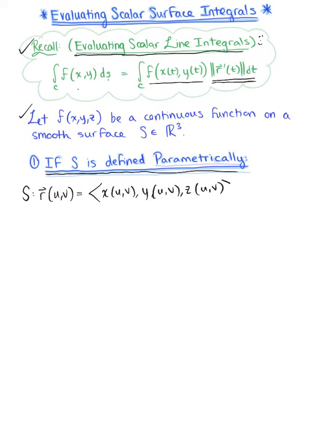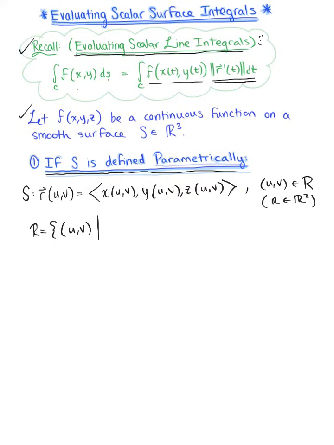So there's our two-parameter description. And this is where the ordered pair u, v is in a region R, where R is in the plane, R is in R2. Alternatively, we could also write this as R is the set of all ordered pairs u, v.